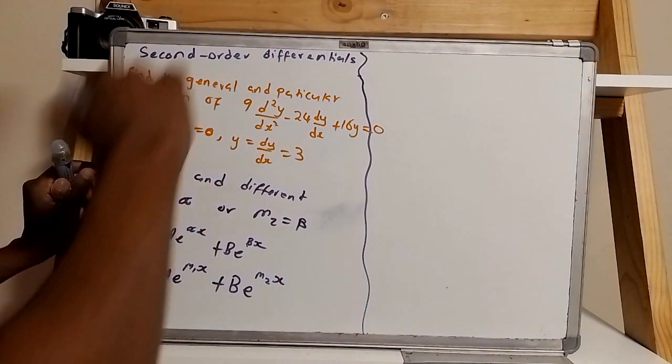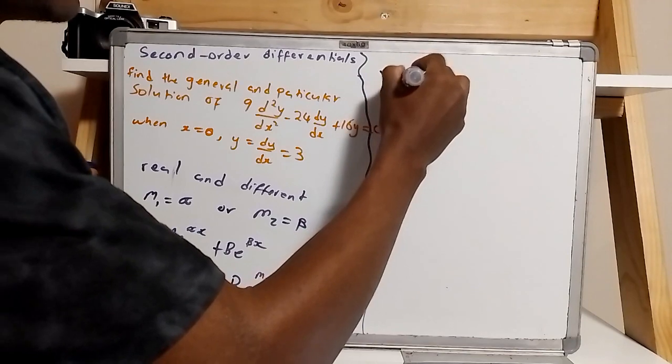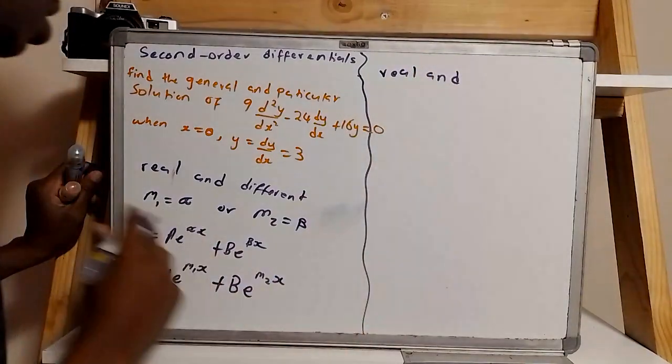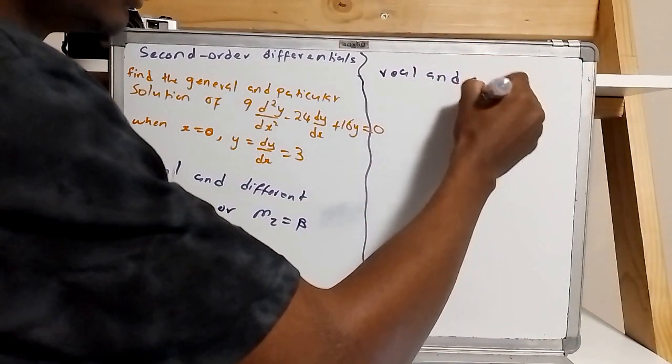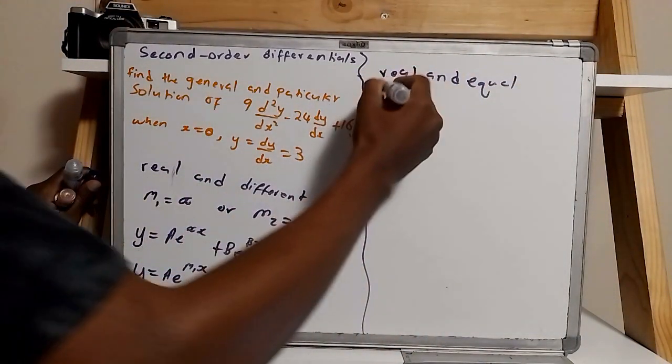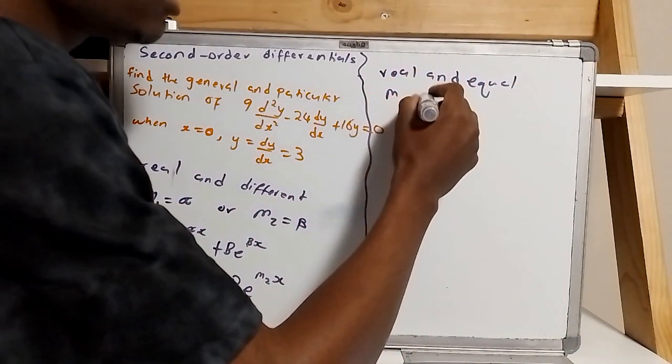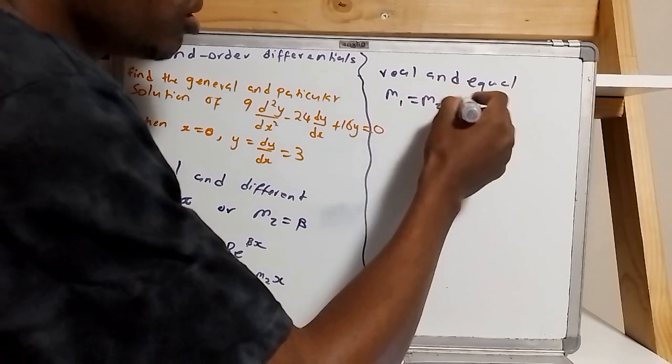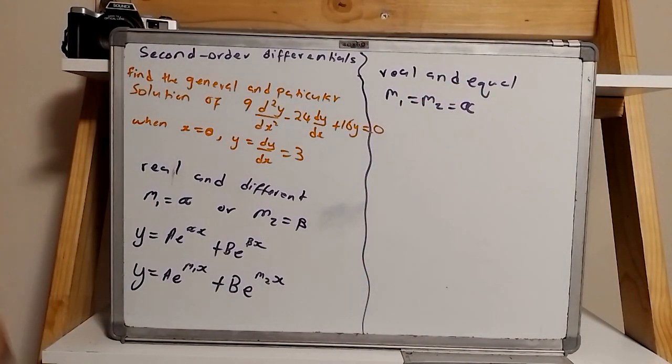So today we're talking about real and equal values. For real and equal values, that is when your m1 is equal to your m2, equal to alpha.